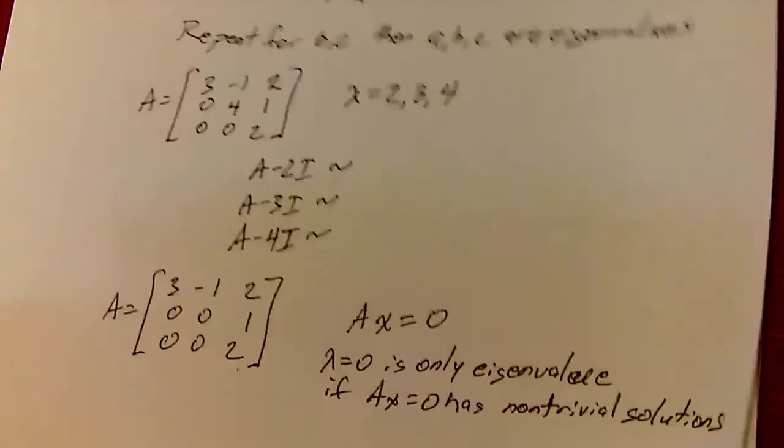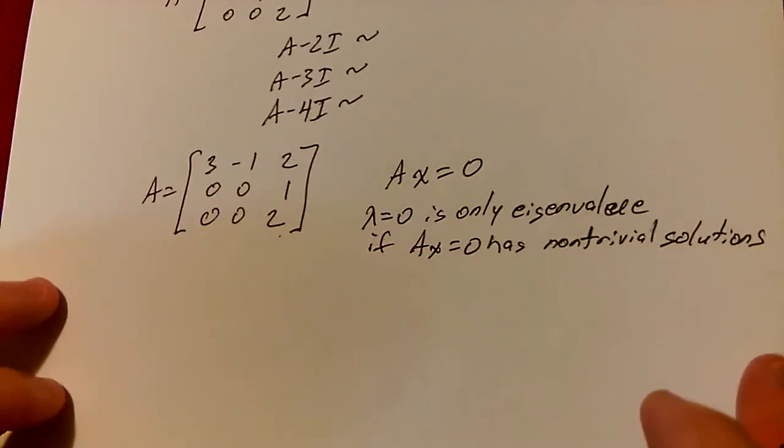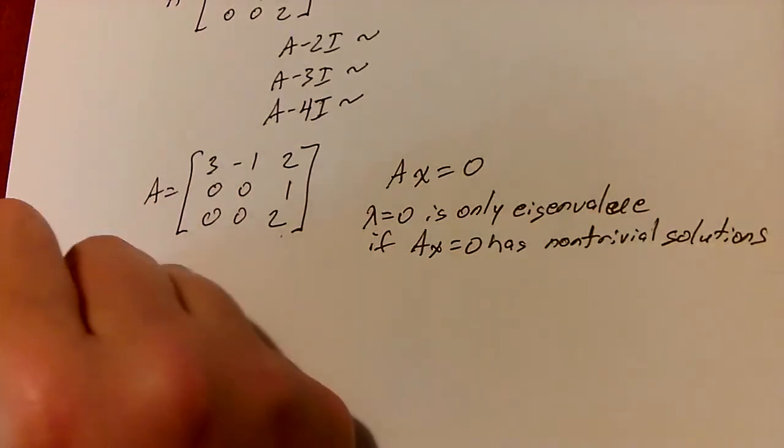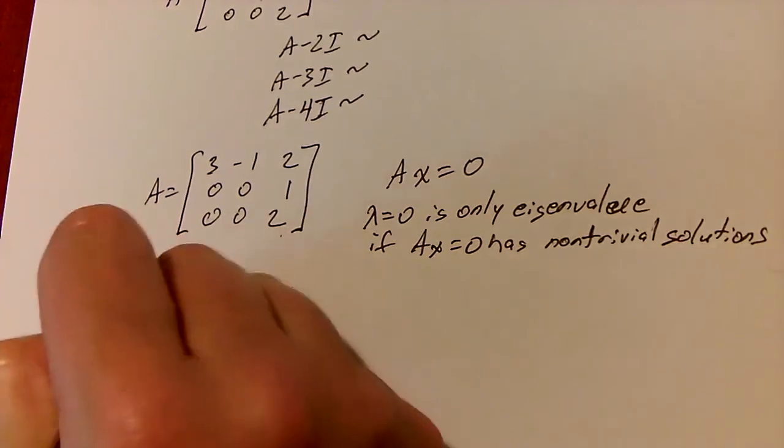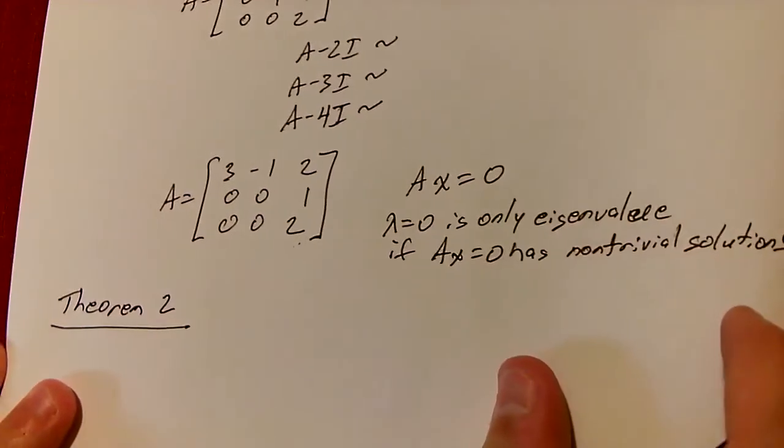Okay, so I said there were 2 theorems, so that was theorem 1. So we're going to go to theorem 2 now. And I've touched on the gist of theorem 2 as we were going along, but we're going to write it down as a theorem now.